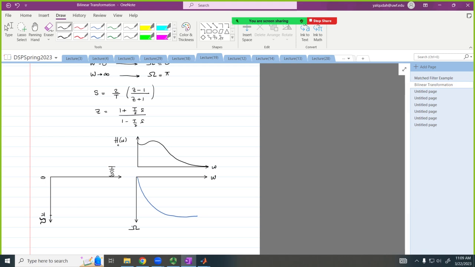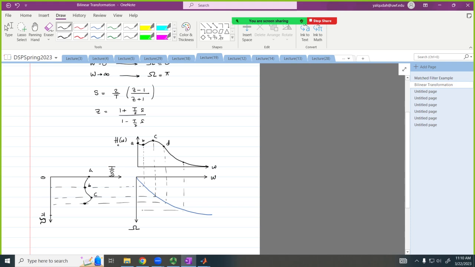If I have a filter like this and I'm able to map W to omega using the blue curve there, then I can see how the filter is going to look in the discrete time domain by just taking points here and projecting them on W. So if I have A, B, C, D, this is going to be point B, this is point A, and then point C is going to get mapped to this frequency here, and this is point D, and so on and so forth.